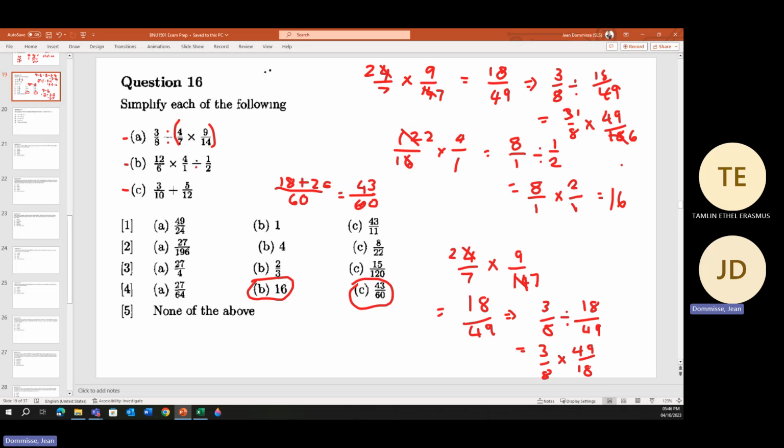Okay, so 3 goes into there, 3 goes into there six times. So we have actually out of there 49 divided by 8 times 6.